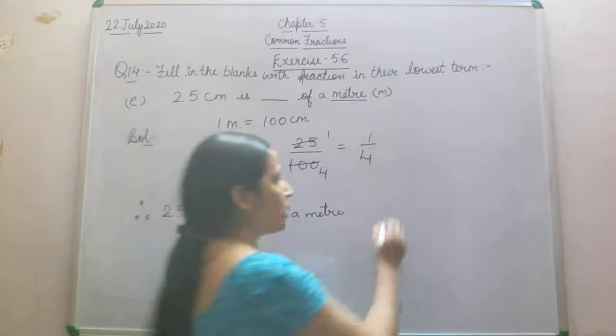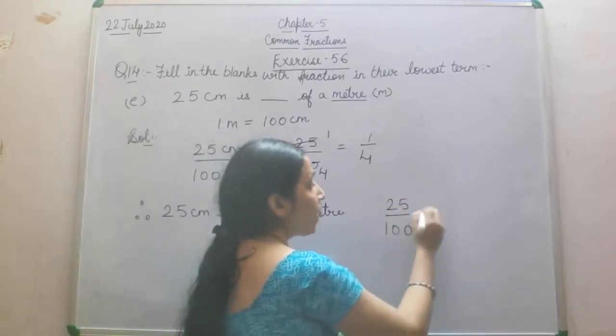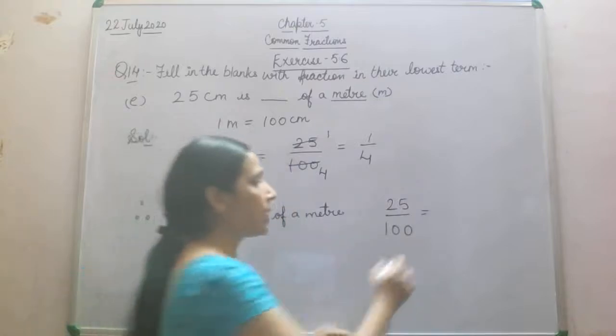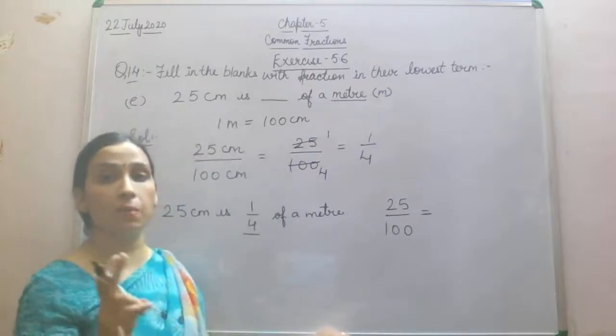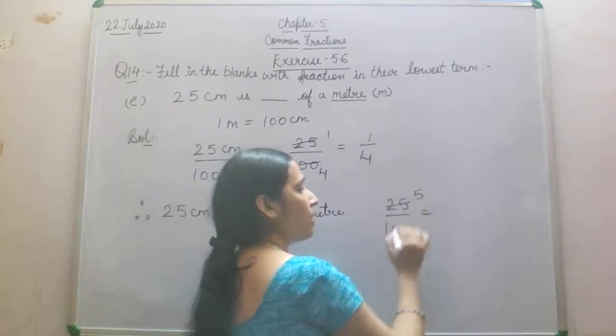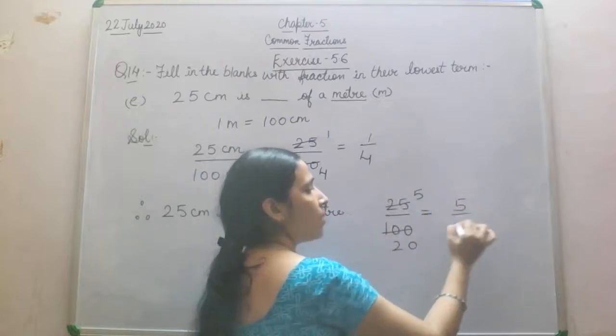Now we'll come to this division, 25 by 100. See children, if you find any difficulty in doing this division by the table of 25, what you can do is the division by the table of 5 also. What will we do? 5 5s are 25, 5 2s are 10, 0. What will we get? 5 by 20.